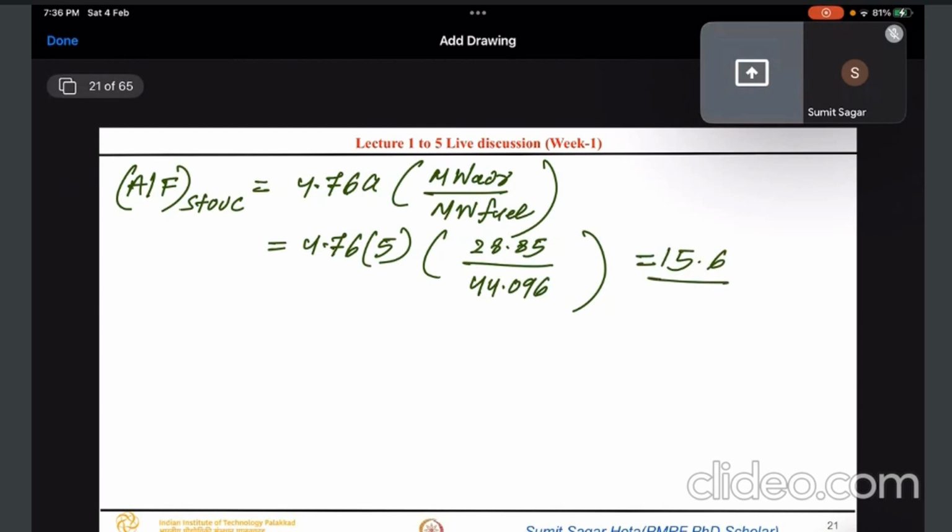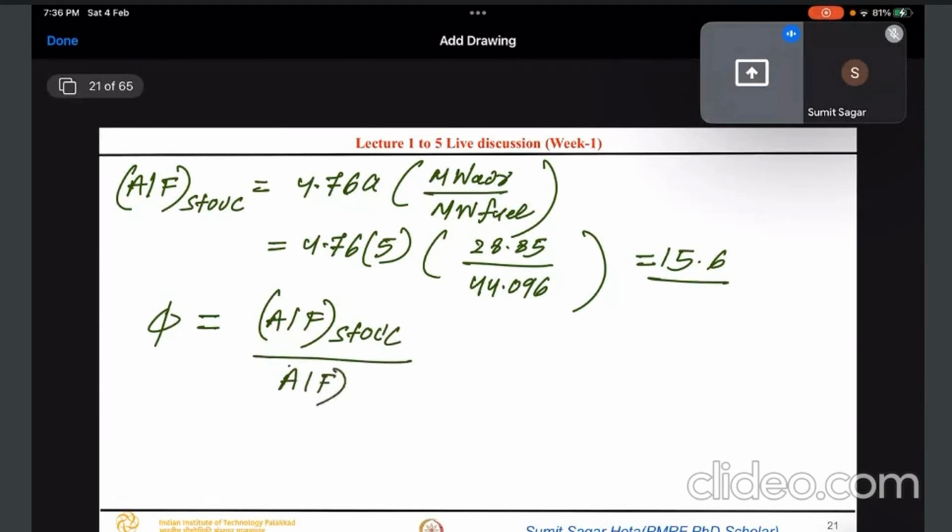Now we have to calculate phi. How will you calculate phi? Air-fuel ratio stoichiometric divided by air-fuel ratio actual. What is this value? 15.6 divided by 18. This 18 is already given.